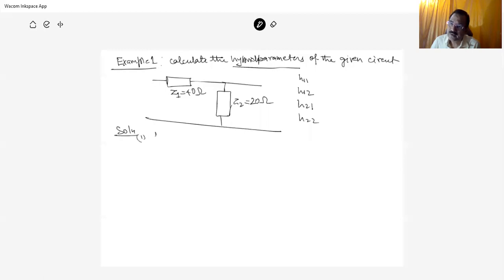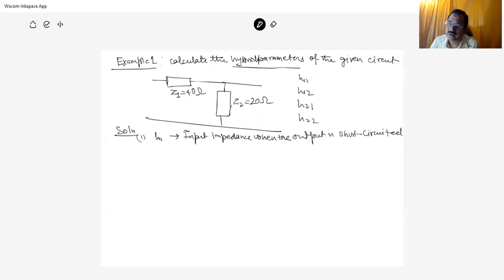Solution. First, H11 is the input impedance when the output is short circuited.